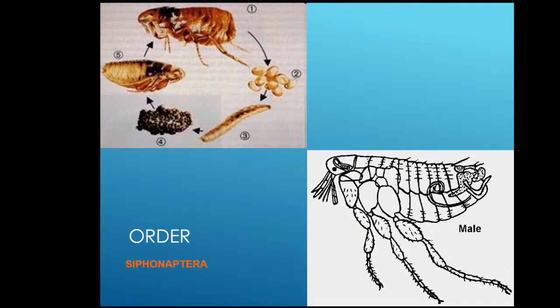It is a temporary ectoparasite of humans and animals. So it sucks blood. After this, it jumps to other animals or to their house.